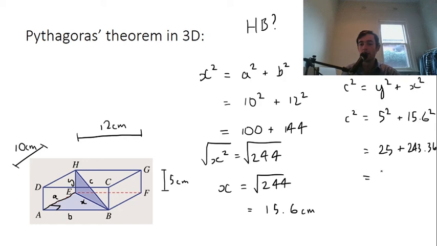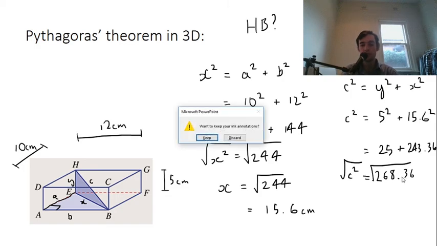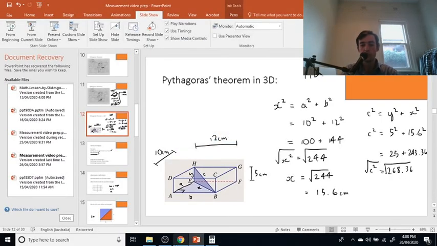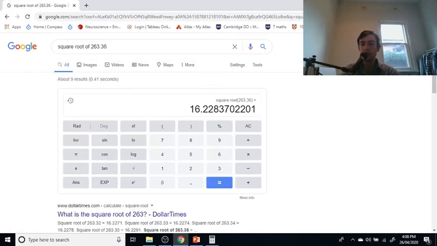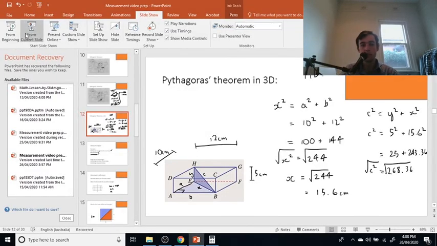Alright, so that is 268.36. And so that's C squared. To find out what C is, you do square root of both sides. And so let's do that. We've got 16.37. So there it is.